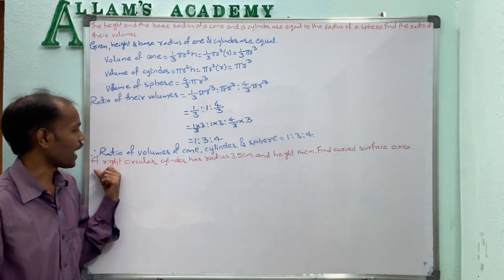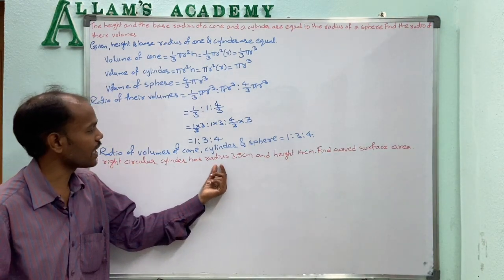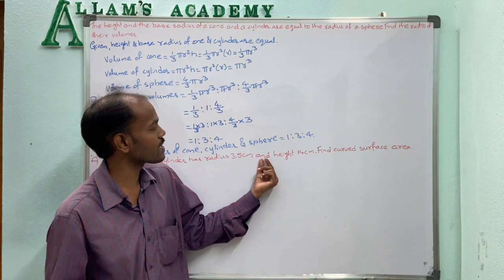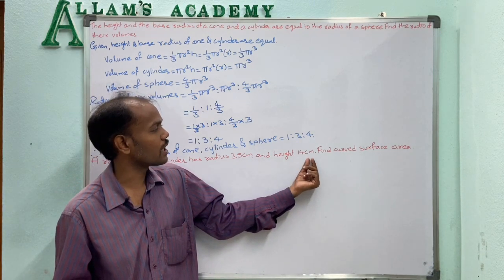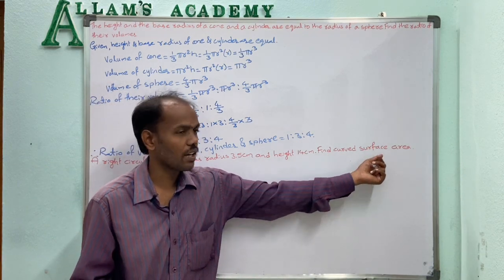Given a right circular cylinder has radius 3.5 centimeters and height 14 centimeters. Find the curved surface area.